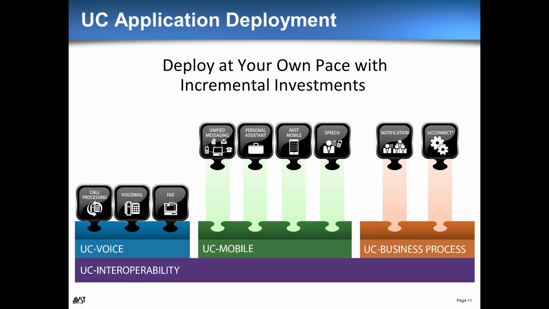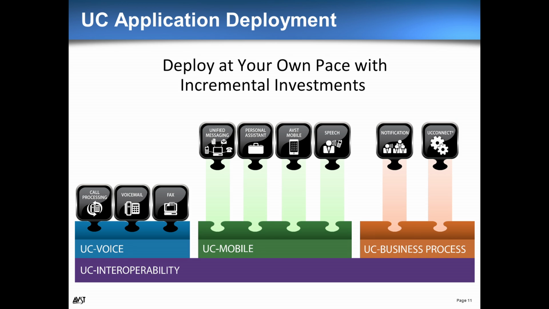Then UC Mobile is an additional set, where our unified messaging, personal assistant capability, the mobile applications, speech recognition, that technology and application set comes into play, and typically has a different interop requirement than what UC Voice would have. For example, unified messaging typically would tie into an email system, and mobile ties into your iPhone and your Android sets, and on down the line.